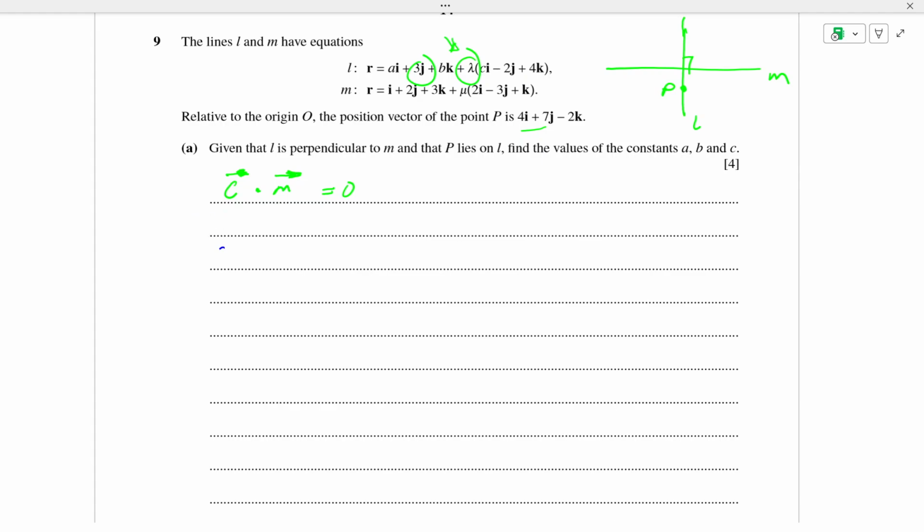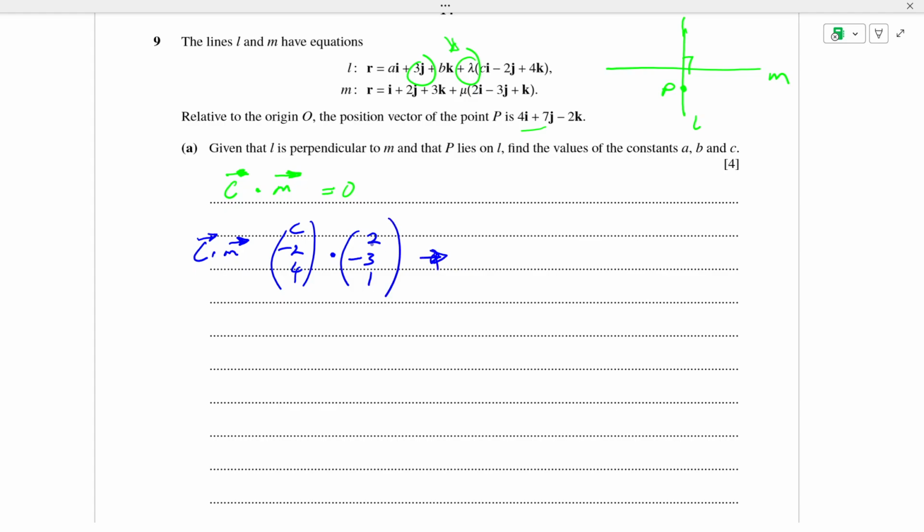So the scalar product: in this case, the direction vector of L is (2, C, -2, 4)... that is, C, -2, 4, right? And then the direction vector of M is 2, -3, 1, right?